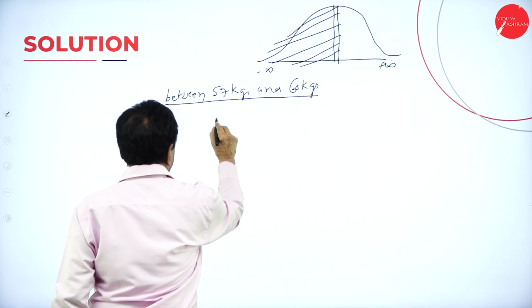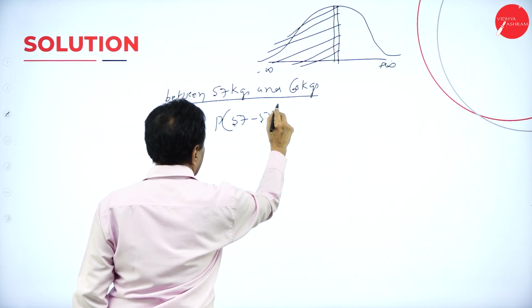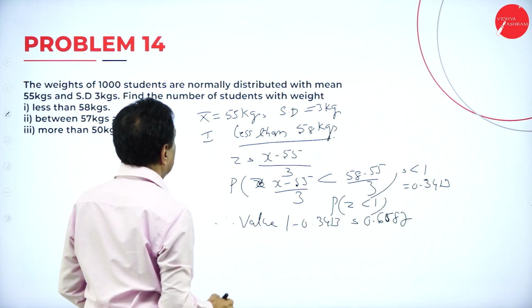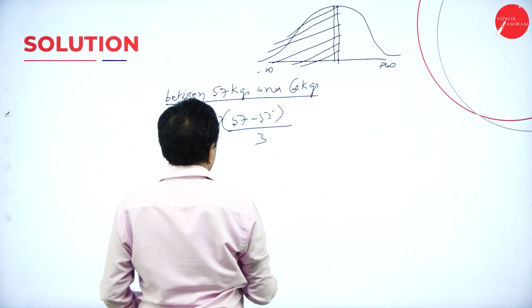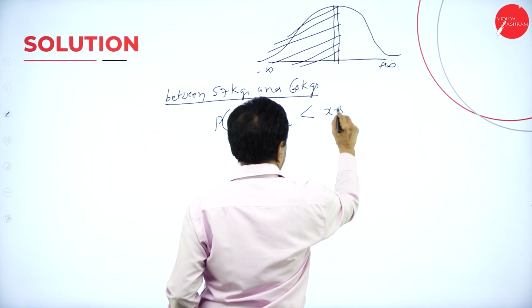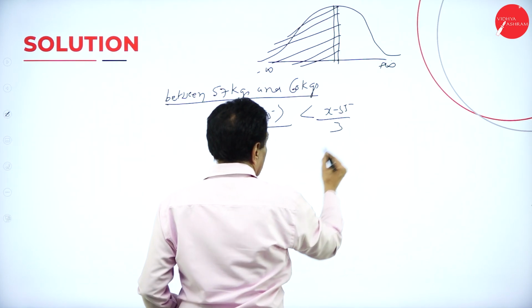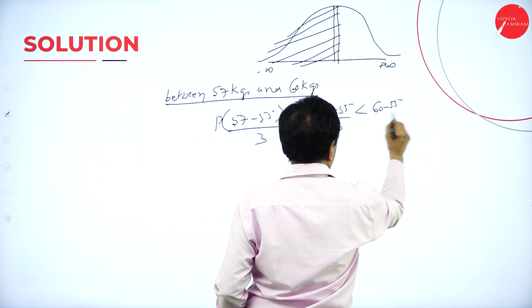P, 57 minus 55 divided by your standard deviation 3, less than x minus 55 divided by 3, less than 60 minus 55 divided by 3.